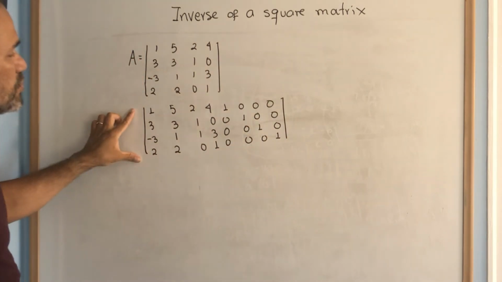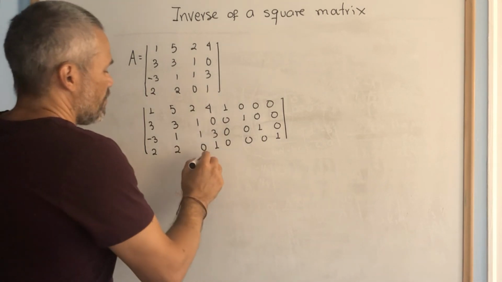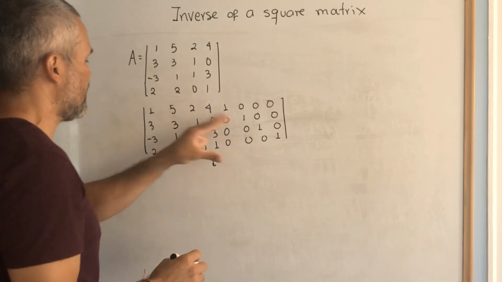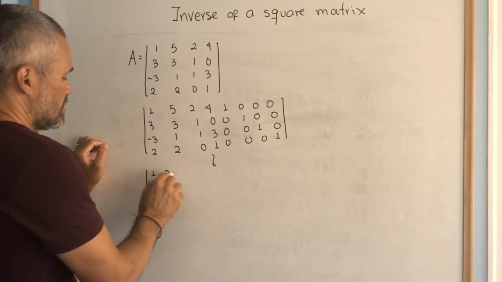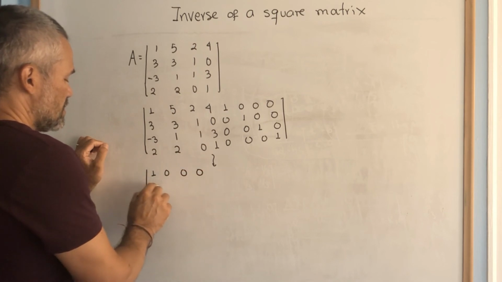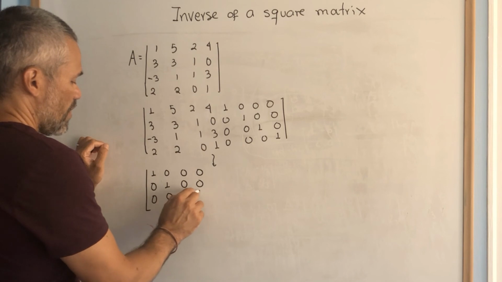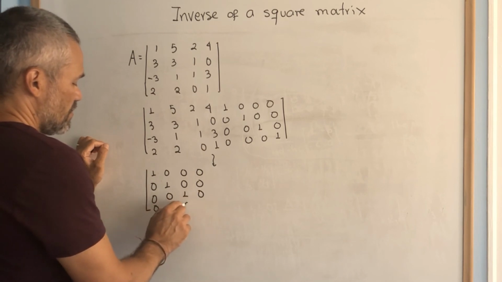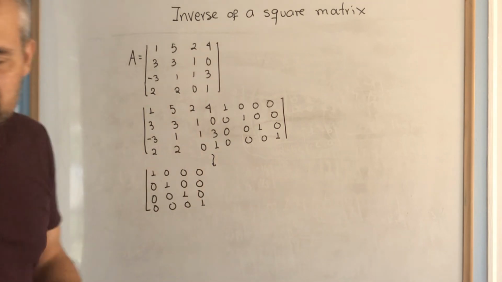This time I'm going to use the computer to find the reduced echelon form of this matrix, and you will see that this is 1, 0, 0, 0, 0, 1, 0, 0, 0, 0, 1, 0, 0, 0, 0, 1.